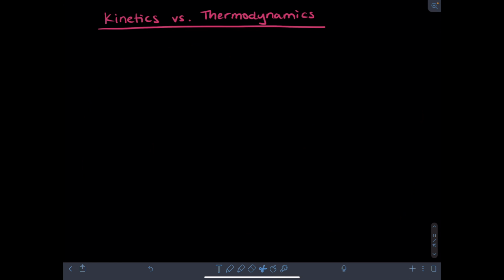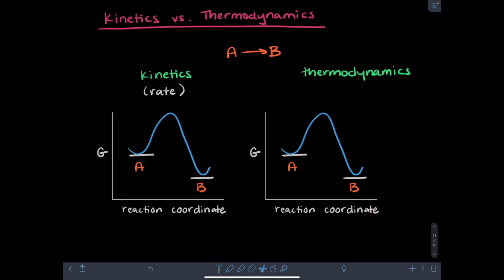I want to highlight the difference between when we're talking about kinetics compared to when we're talking about thermodynamics. In the case of kinetics, you're thinking about the rate of the reaction. This has to do with the difference in energy between your starting material and the highest energy barrier it encounters.